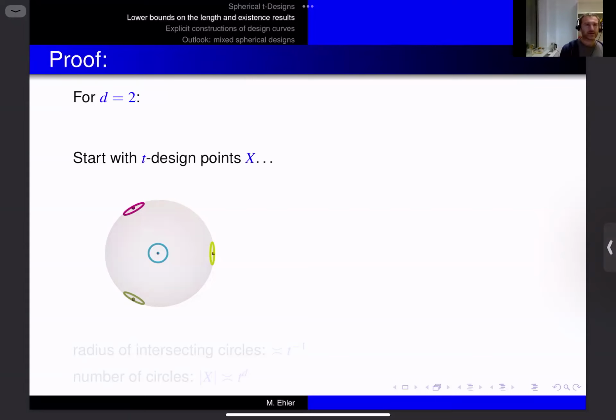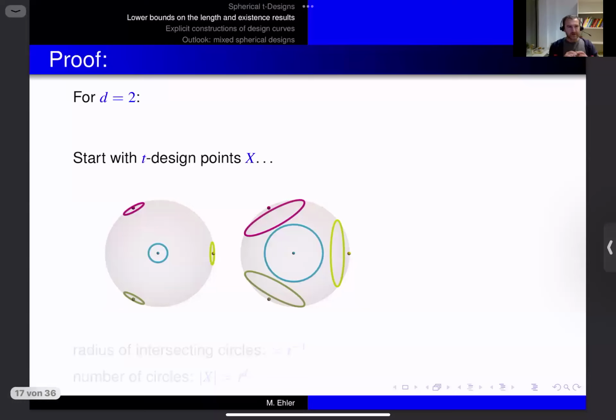However, this is not quite the curve we are looking for because we want to have one single continuous function, and these apparently cannot be traced by anything continuous. These are disconnected pieces. So in order to make everything connected, we need to increase the radius of these circles.